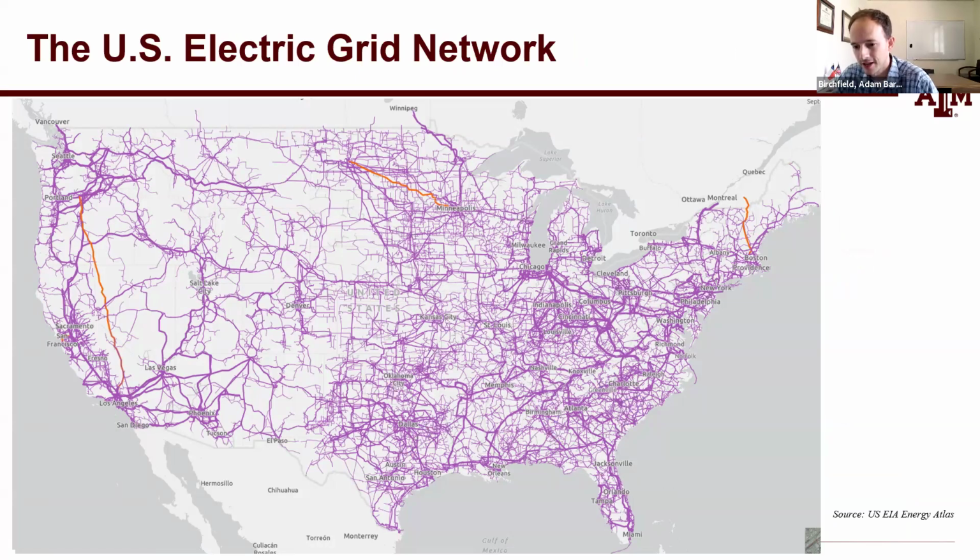You can just look up the Energy Atlas web page. So it's pretty obvious in some ways the difference between the two. And this is really the beginning of the motivation for this research.